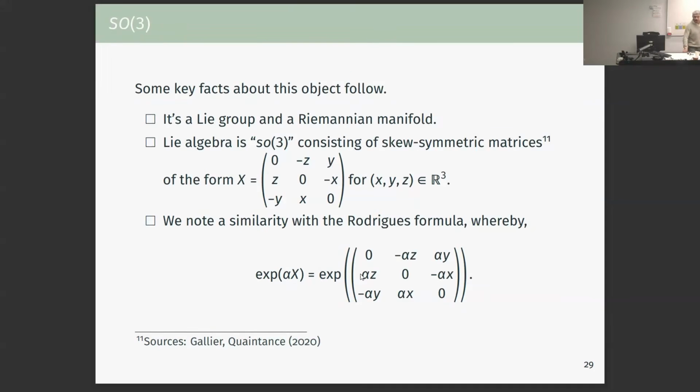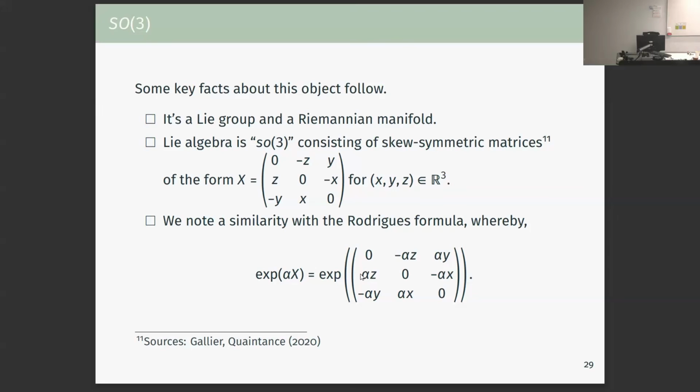Okay, so working with SO3, what are some key facts? The Lie algebra is called so(3), and what does it look like? It's skew-symmetric matrices. And something you might have come across in your travels is the Rodrigues formula, where you take an axis-angle, x, y, z rescaled, and alpha, the suggested notation here, is an angle.